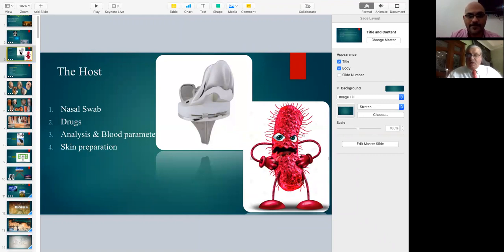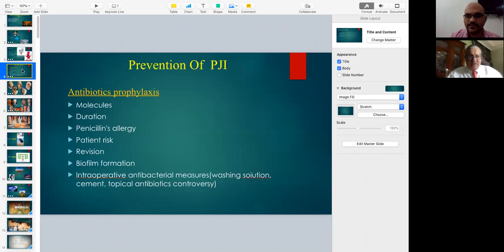And we talked about the diseases that must be controlled prior to the surgery, such as anemia, diabetes mellitus, and other chronic diseases, and how we prepare the skin before the surgery.